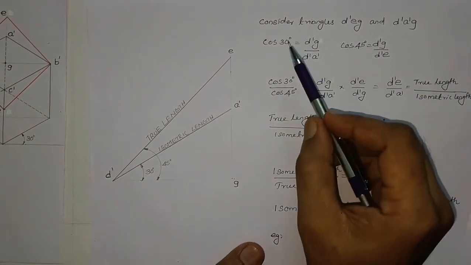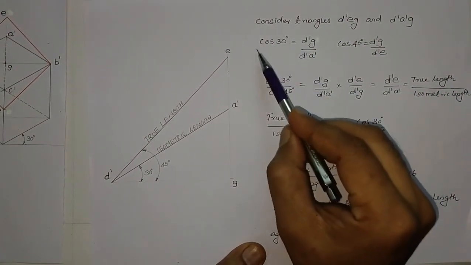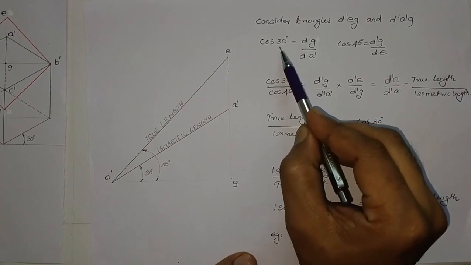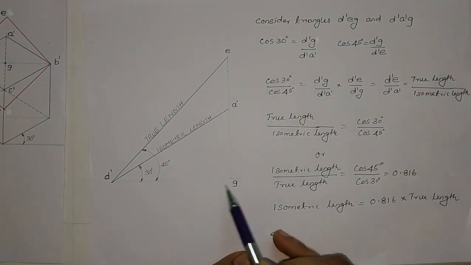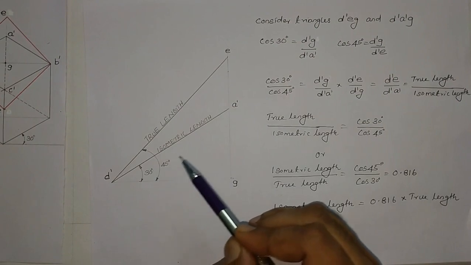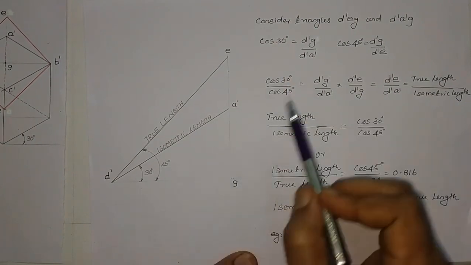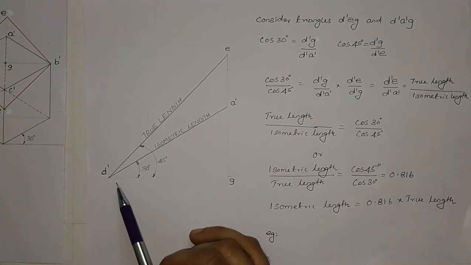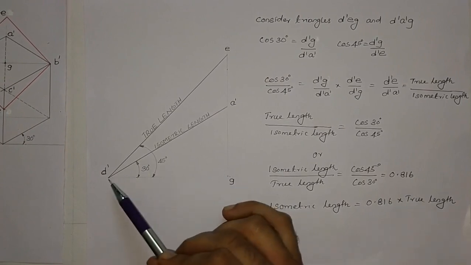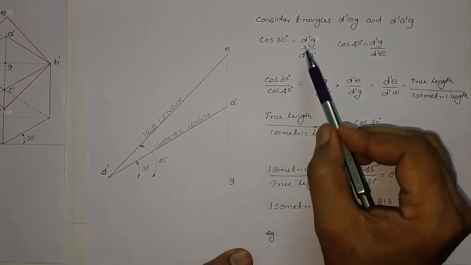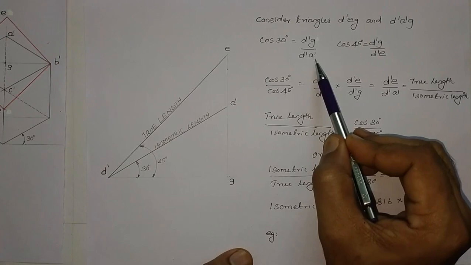We shall calculate the value of cos 30. What is the value of cos 30? Cos means adjacent side by hypotenuse, is it? So cos 30 is the adjacent side, that is d dash g, divided by d dash a dash.